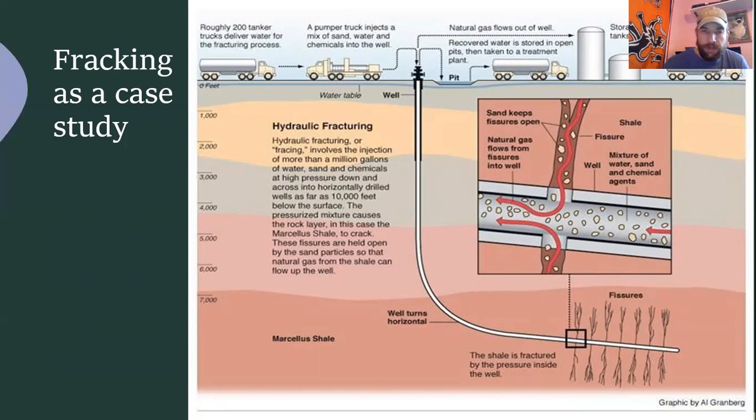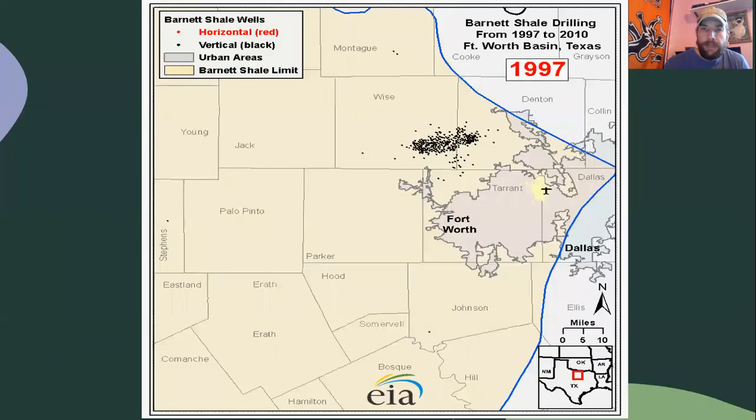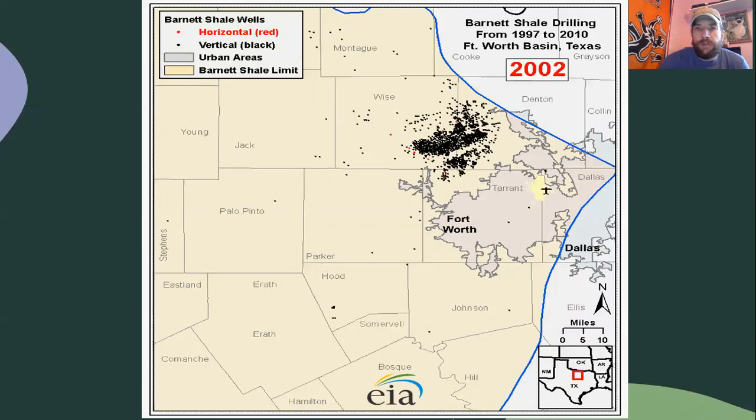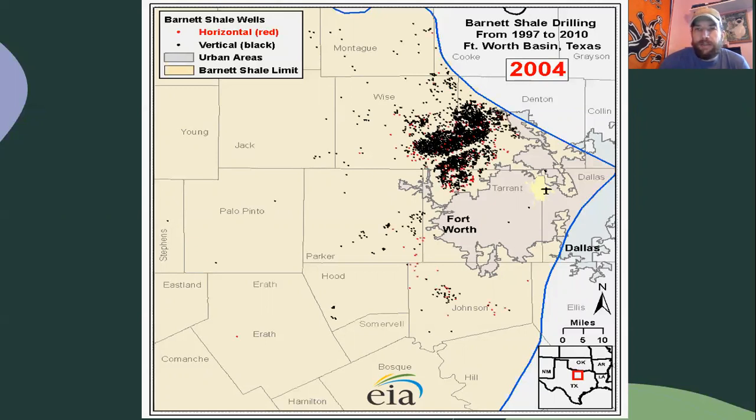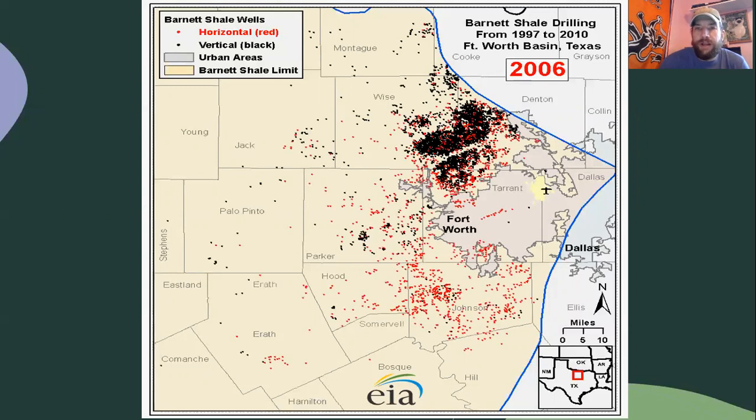This is something I've studied quite a bit of. To make it more of a unique case study, look at here the city of Denton, the DFW Metroplex. This is a neat little animation. It's a little bit dated now, but it shows you in the early 2000s the rapid development of oil and gas. So the black dots are the traditional vertical wells. Around 2003, you see a lot of red dots.